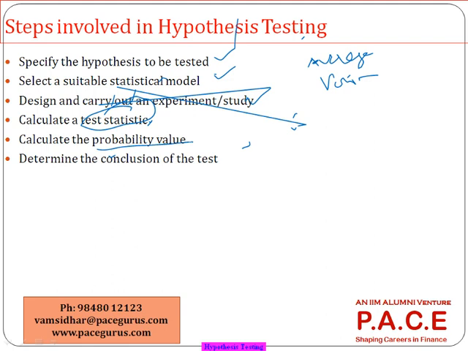So based on that, you are taking up the appropriate statistical model, collecting the samples of data which will fit in that particular study, creating a test statistic depending on the kind of tests that you want to perform.